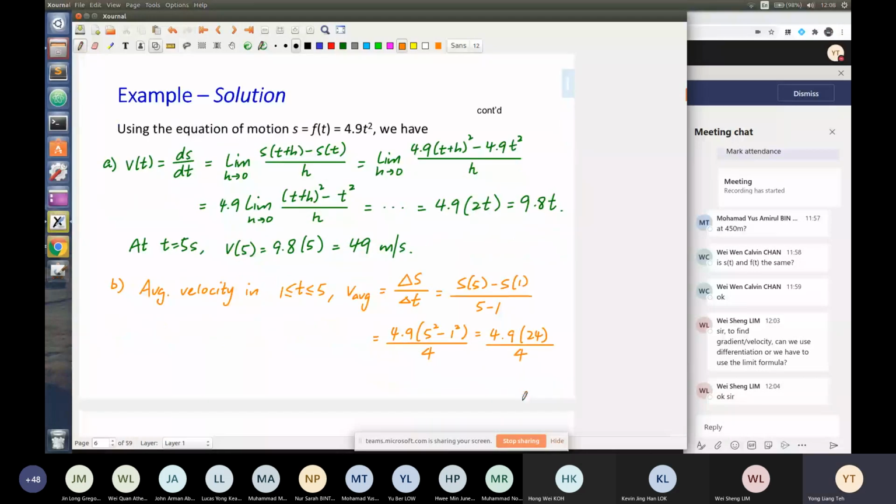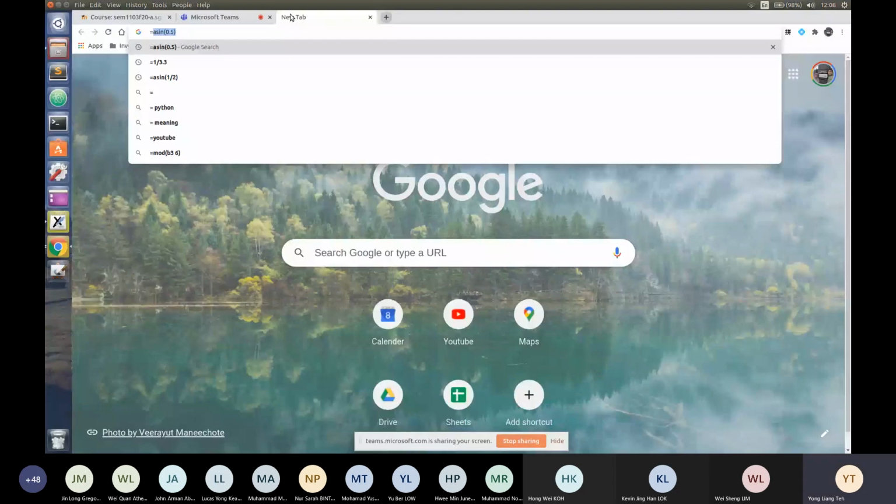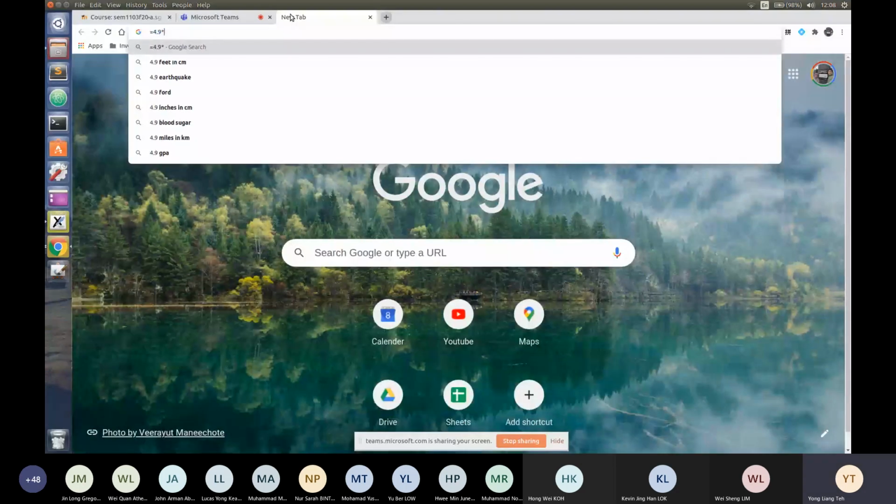Of course you can press your calculator: 4.9 times 6 then, 29.4.